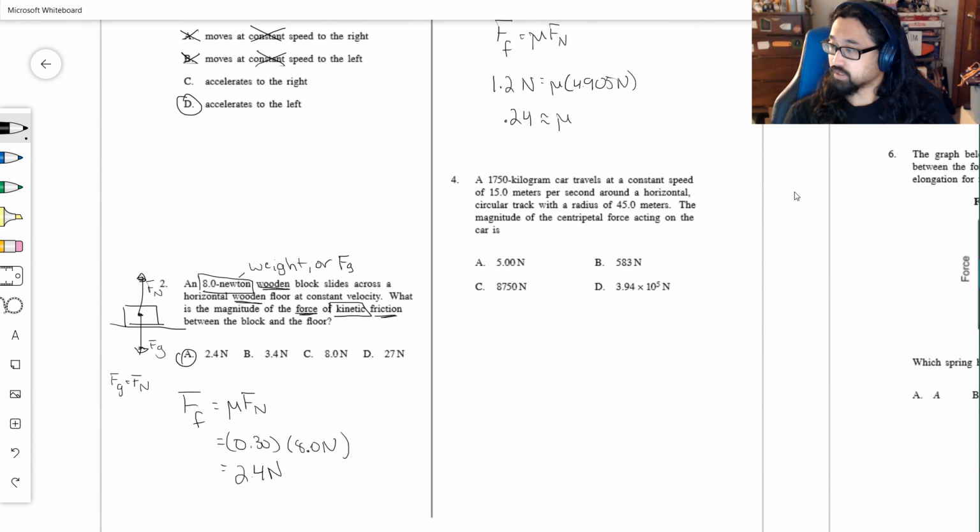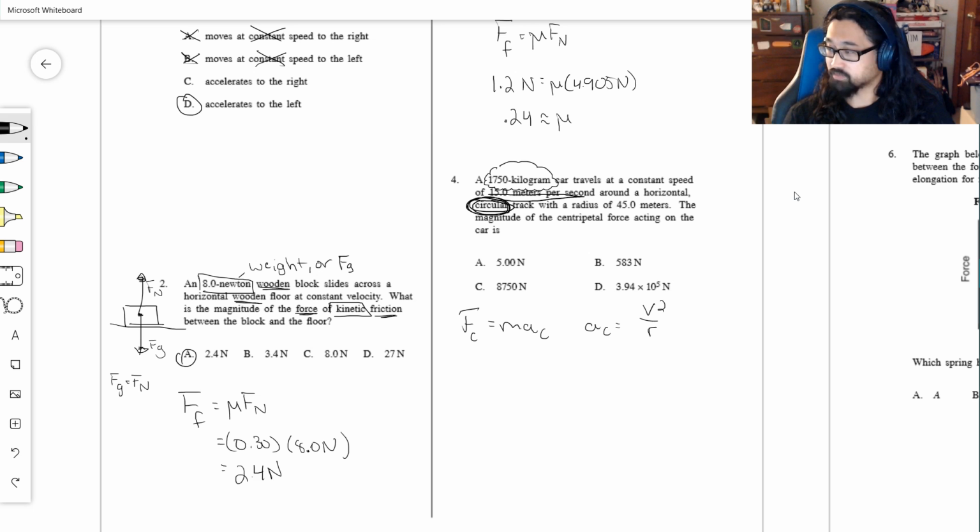Again, we have this mass, we have a velocity, and we have our big red flag that it's moving around a circular track. Circular means centripetal force, which means that I have these two equations to work with.